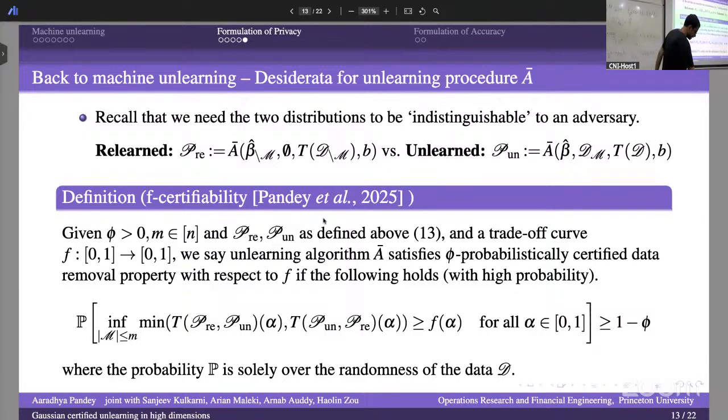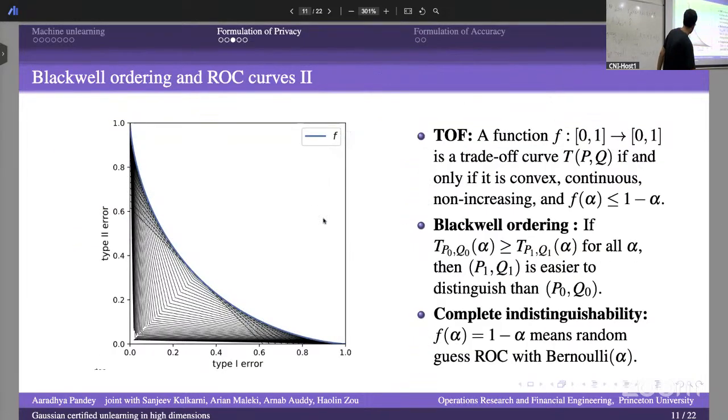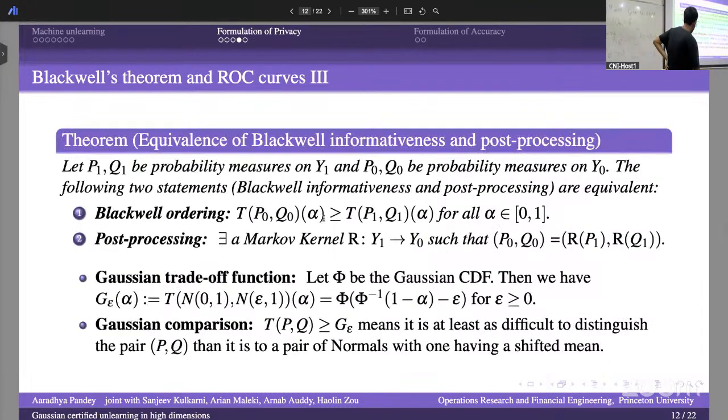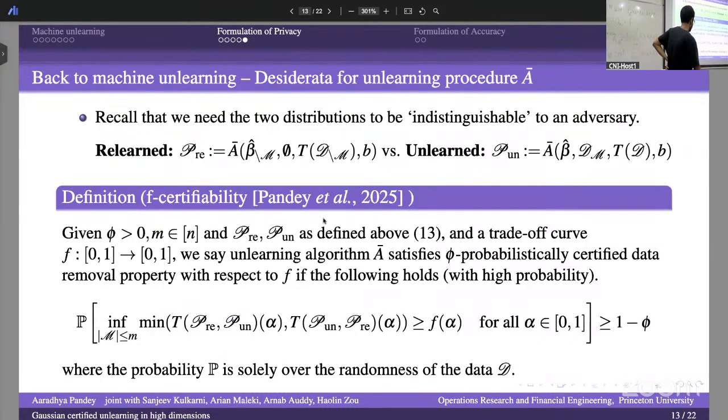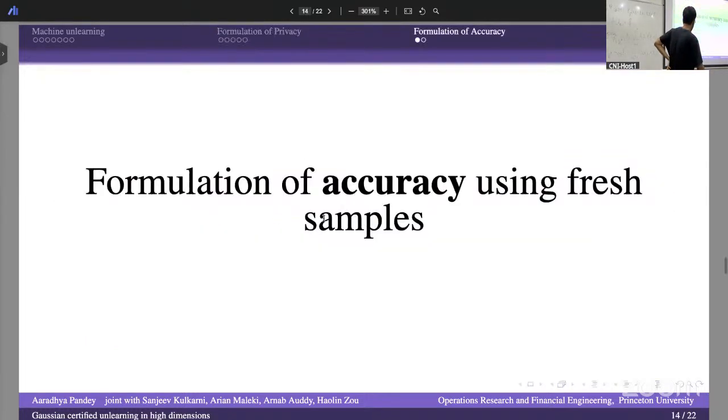What do we mean by that? Epsilon privacy or epsilon-delta privacy is the same as being above some curve, but it's not going to be as smooth as this blue curve. You see this black curve, it's like a step function, a piecewise linear function will appear. And that is really not the thing one should be doing in high dimension. So that's the formulation of privacy.